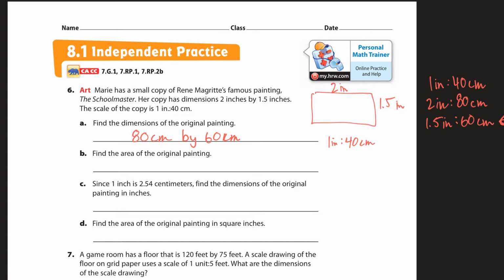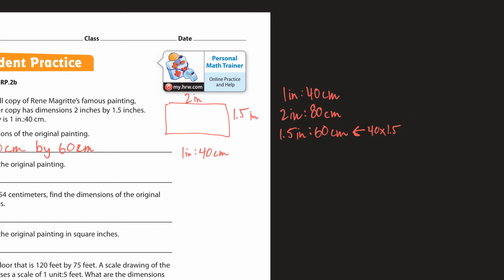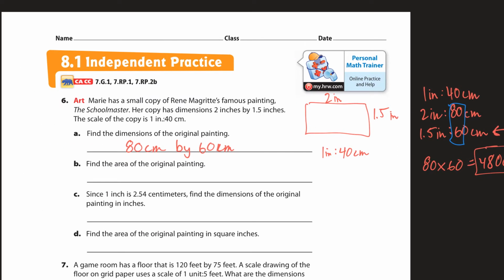Okay, well, what we'll do is we'll take our dimensions of the painting, and that means we have 80 times 60. So it'd be 80 times 60, and 8 times 6 is 48, and then you add 2 zeros to it, so you have an area of 4,800 square centimeters.